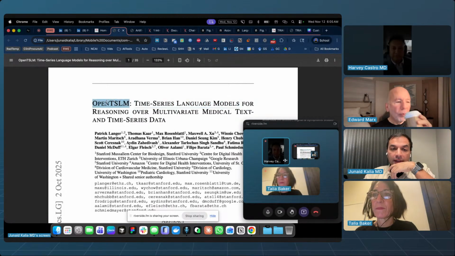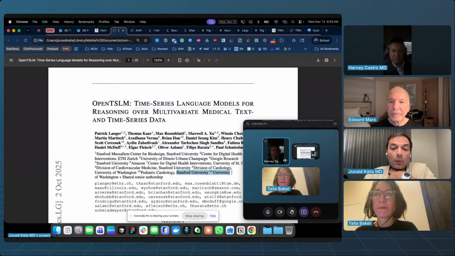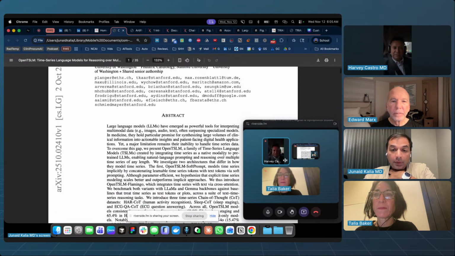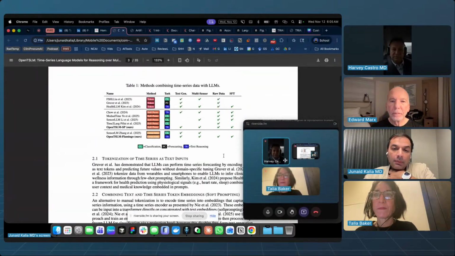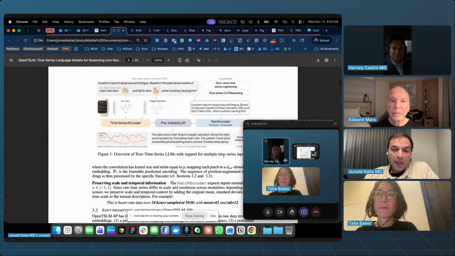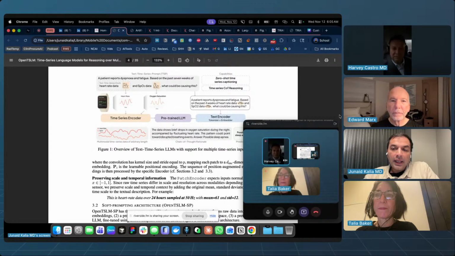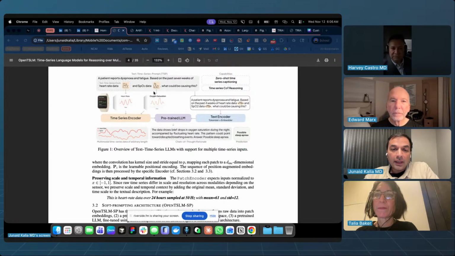But there's a new open source model, which is essentially from Stanford. First of all, they helped us create this, and then more importantly, they were able to understand how this is going to move forward in terms of method. So those who are interested in the technological part of things, you're going to see that the patient reports this, then the time series encodes heart rate and oxygen at the same point.